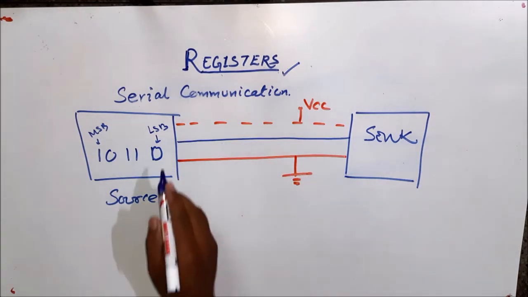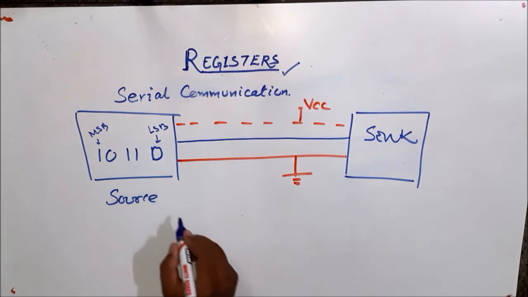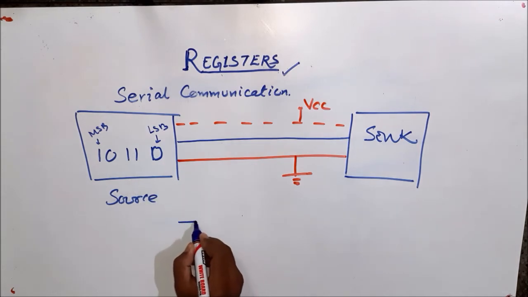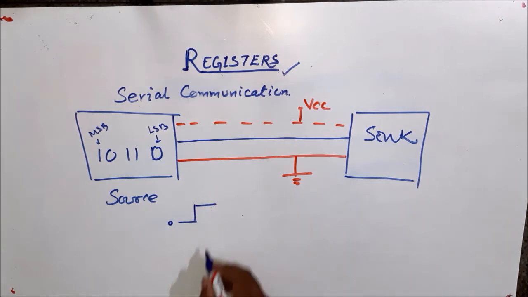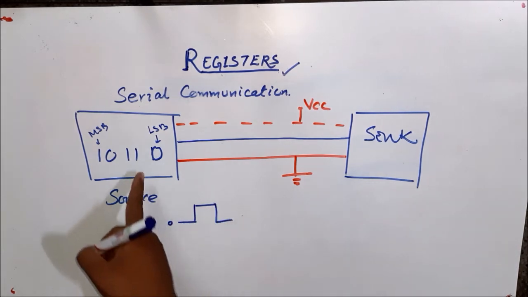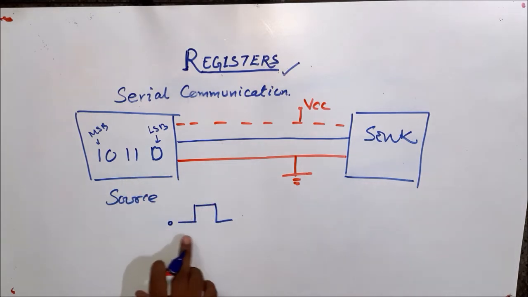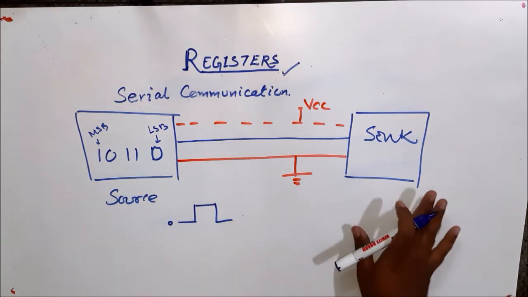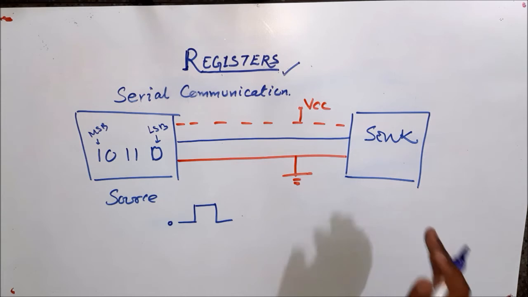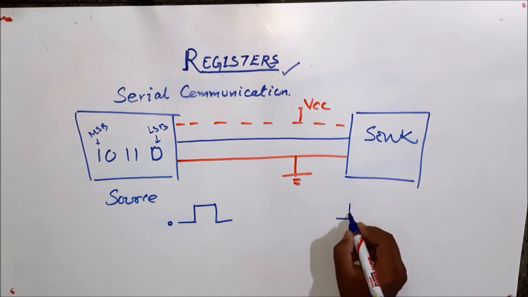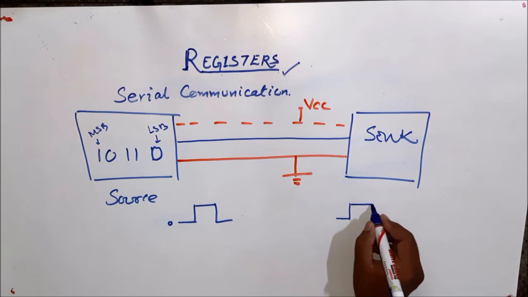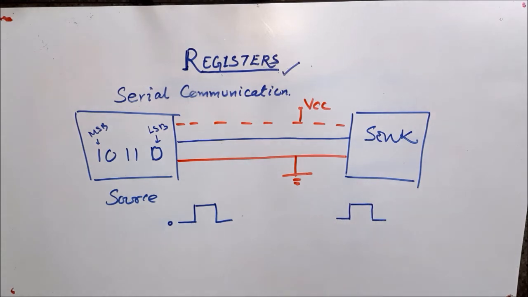That means if this source sends this information like this pulse, the sink understands this means ground level, this means high voltage level, and this again comes back to ground level.